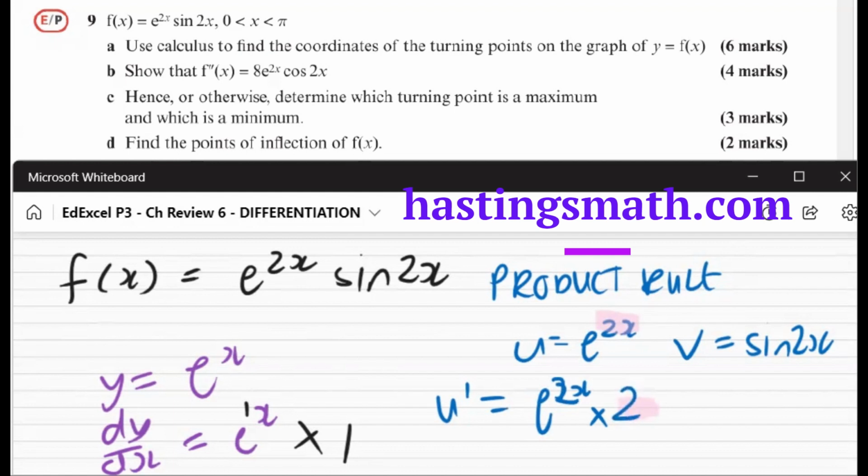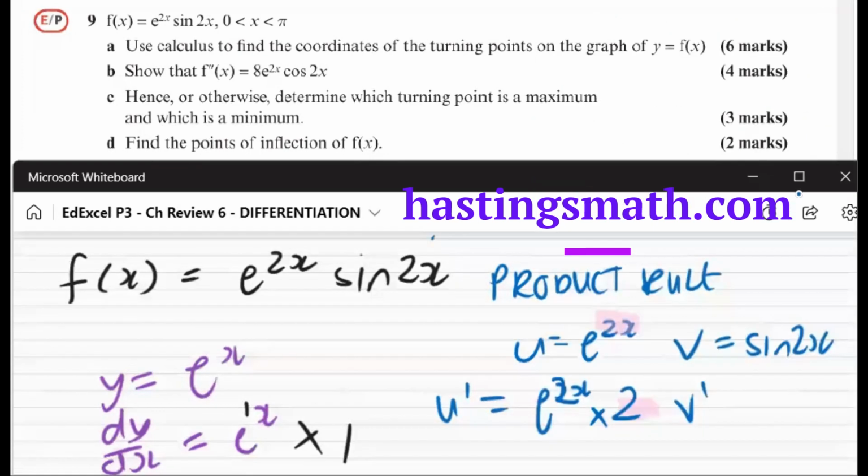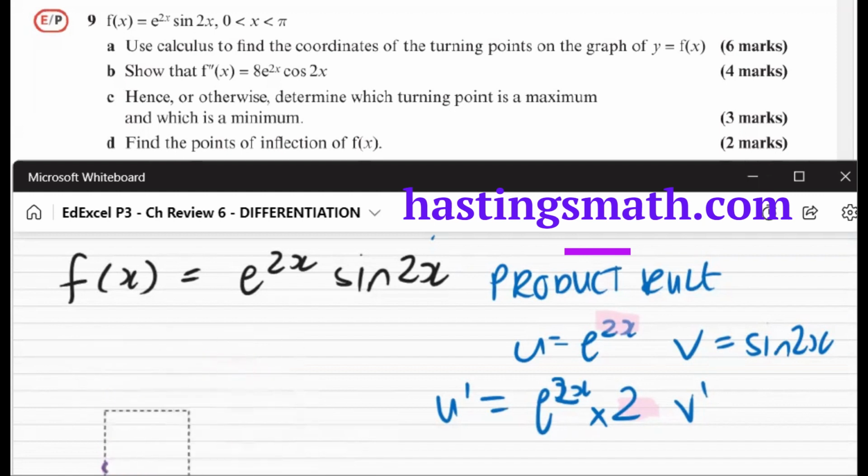Then v dash, first derivative of sine is cos. Same sort of thinking applies. It's like a version of the chain rule. If sine x was y, then dy dx would be just cos.